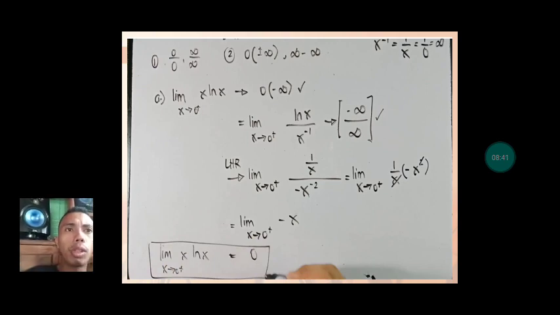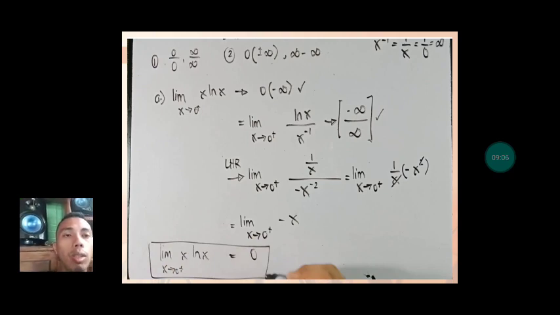Okay, now let's proceed to the second category, which says 0 times positive or negative infinity, or infinity times negative infinity. For example, the limit of x ln x, where x approaches 0 from the right.